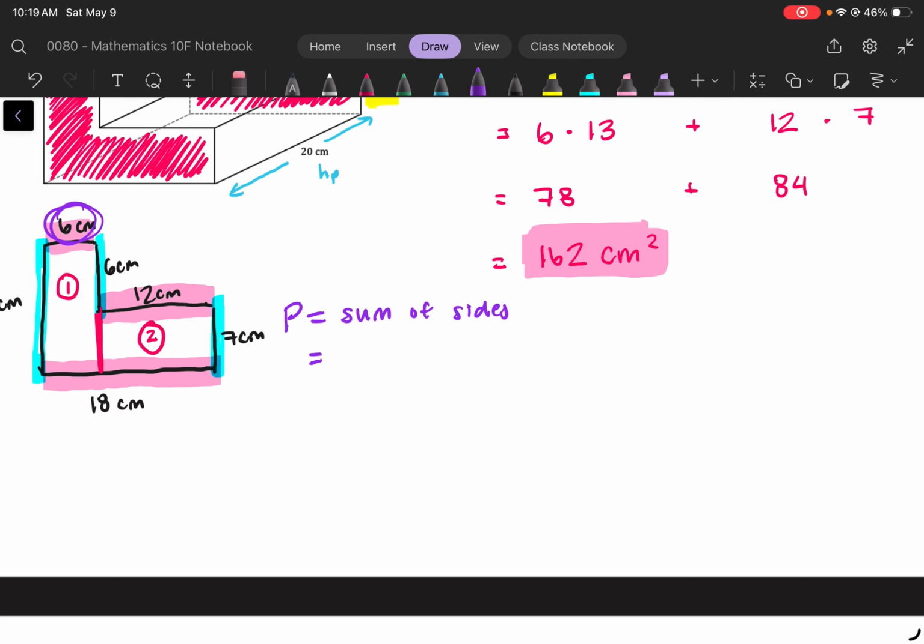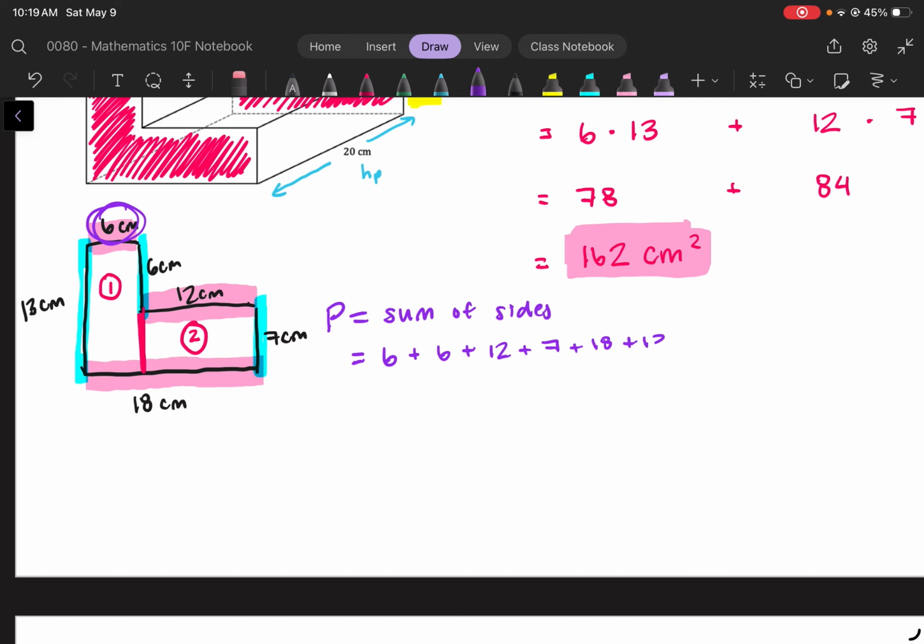So I'm going to circle what I'm starting with. So I'm going to go 6, and then I'm going to go clockwise around. Plus 6, plus 12, plus 7, plus 18, plus 13. Right? I'm just going around and adding all of my side lengths together. And when I add all of those together, I should get 62 centimeters.